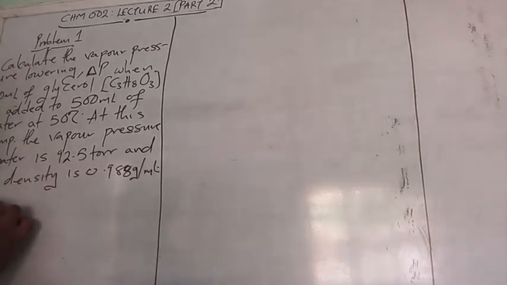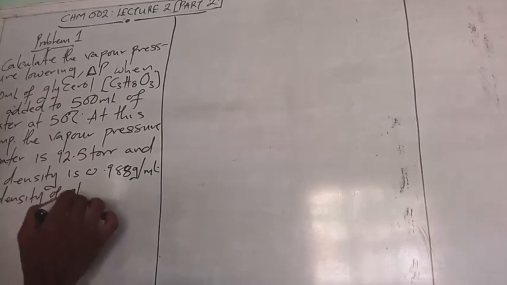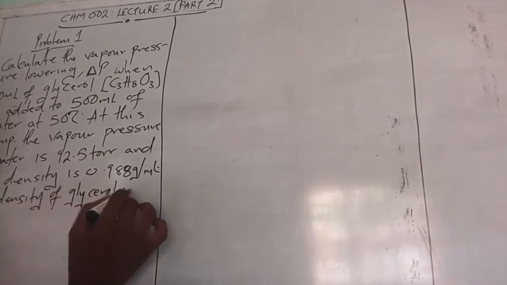And the density of glycerol is 1.26 gram per ml. So that's that for that one. Let's now look at another question, on boiling points, and the lowering and increasing of these.